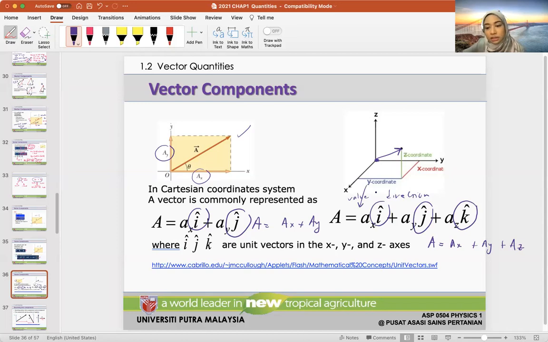You will see this in your degree if you are taking a science degree, any science actually. Engineering has it, physics has it, math for sure has it. So I'm just introducing this to you, but we will only use 2D, AX, AY. We won't use the I and the J yet.